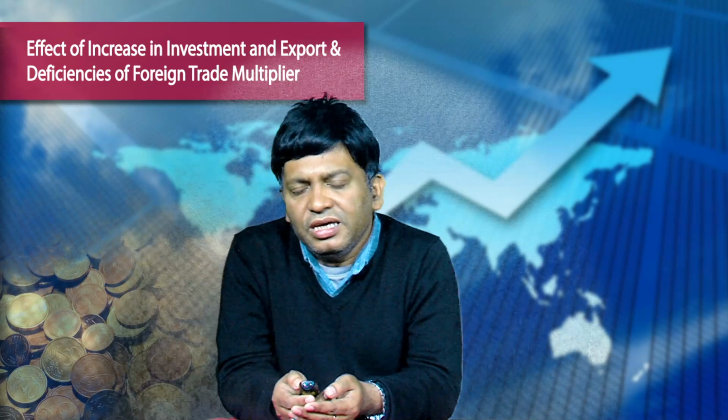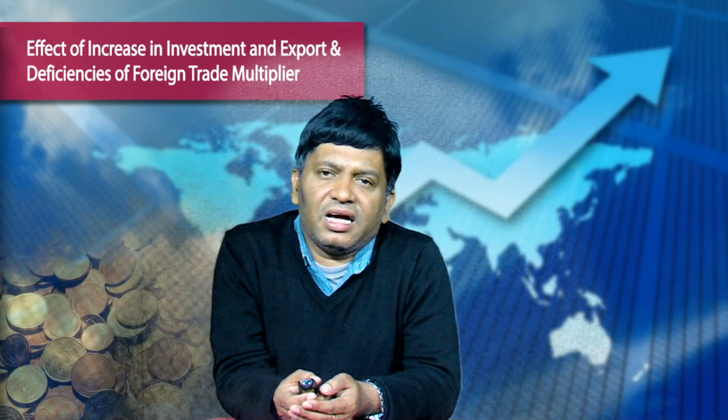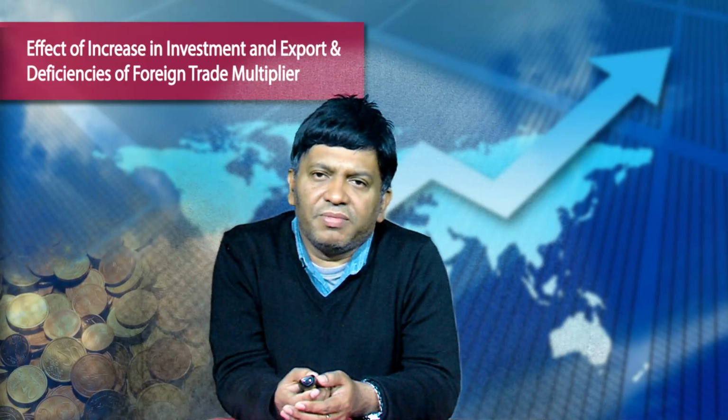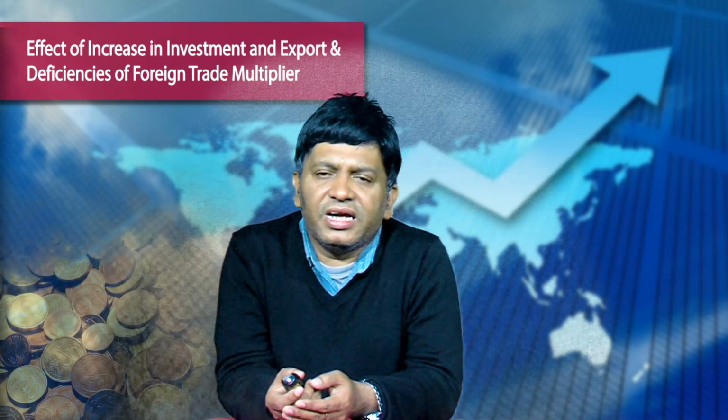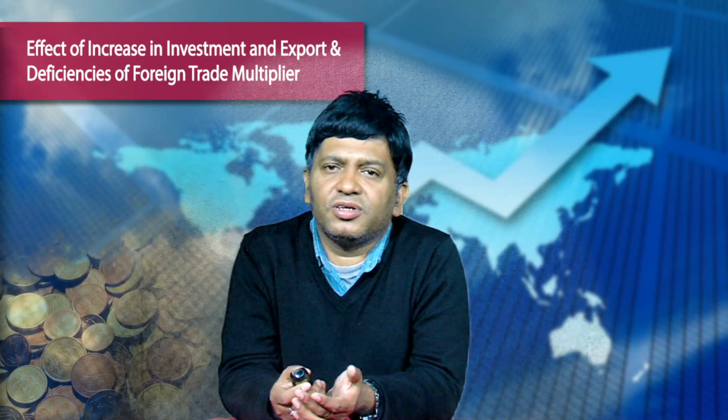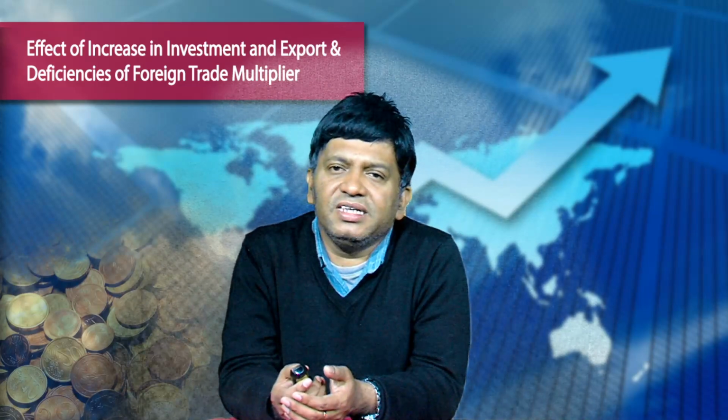But now, if you ask me how it operates: once you have an increase in export, it is probably because some other countries have a favorable macroeconomic situation. Their income is growing, and they are increasing their import from a country like India, which means exports reported by India go up.